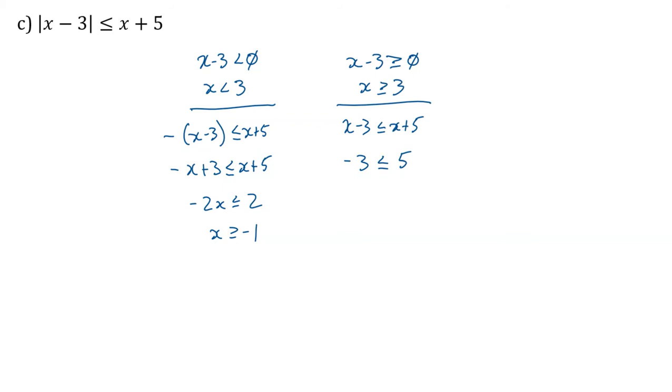Okay, and that's what I got. Anybody got the same? You might have moved the negative 3 over and got this instead. People do that. That's fine. Okay, same thing.